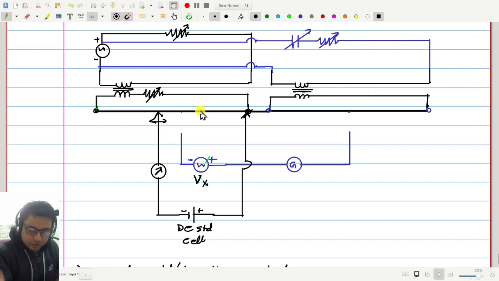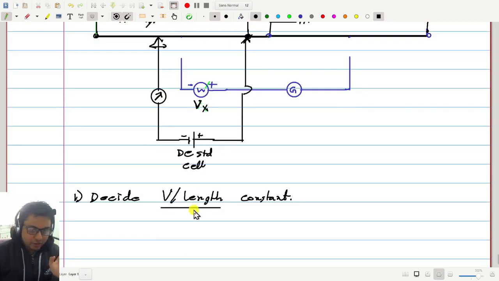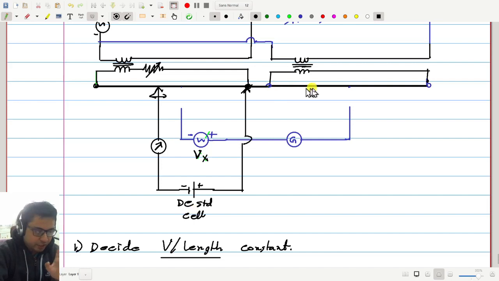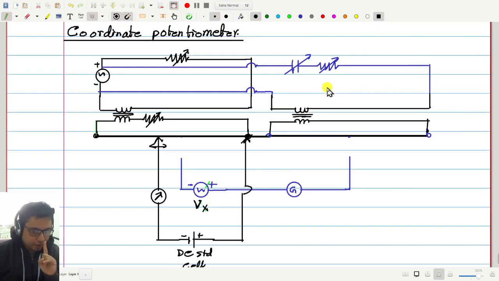So the left potentiometer is standardized. Now we have to standardize the right potentiometer. When we standardize the right side potentiometer, we have to ensure two things. Number one, the per unit length voltage is as per our chosen requirement. So the magnitude of the voltage per unit length should be as per the chosen value, that is requirement 1.